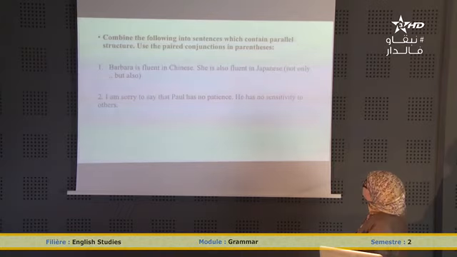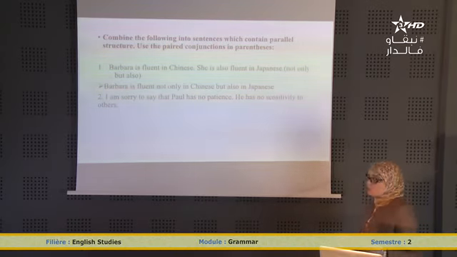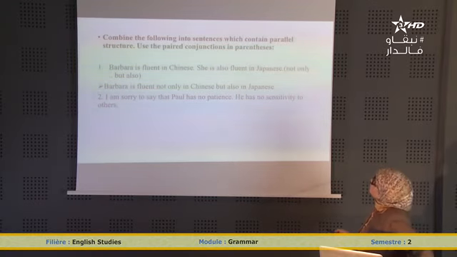And for the first one, we need to use not only but also. The answer is Barbara is fluent not only in Chinese, but also in Japanese. Not only in Chinese, but also in Japanese, the parallel structure.